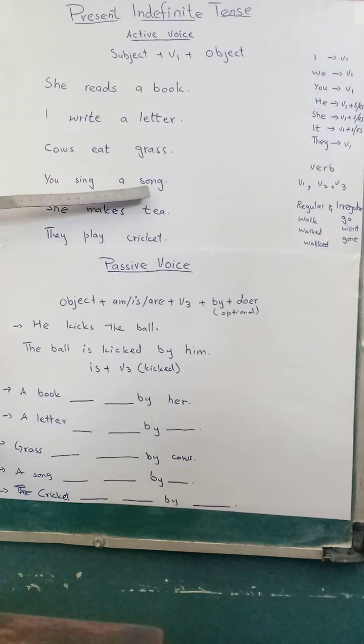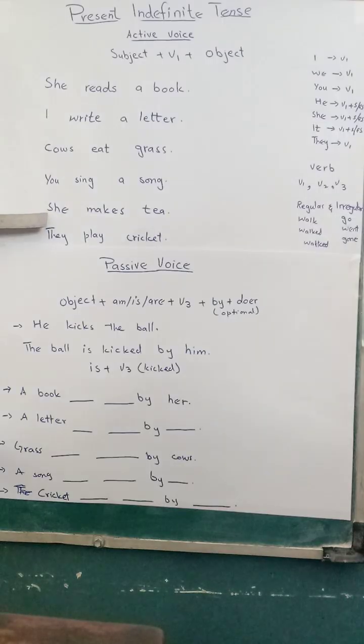Verb. Object. Excellent. She makes tea. Subject, she. Verb, makes. Good. Tea, object. Good. They play cricket. Subject. Verb. Object. Good.